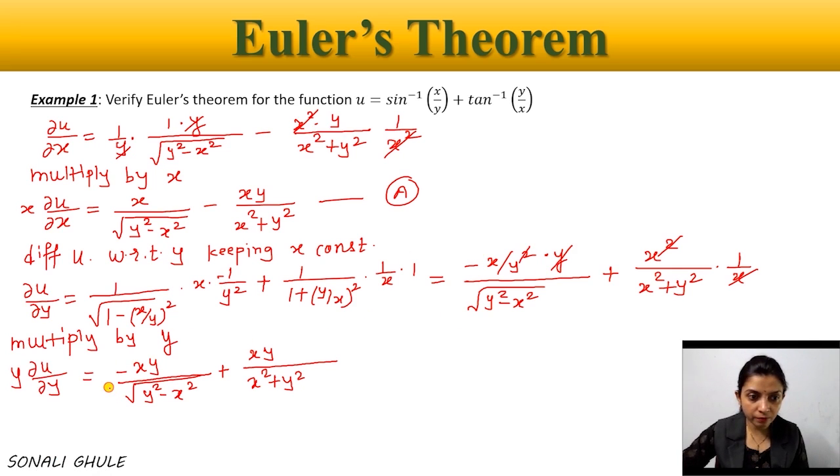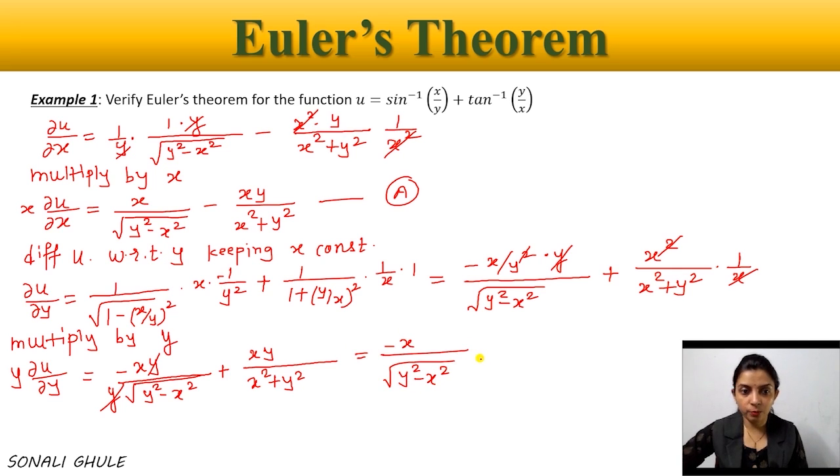So here you have a y already, and now this y and y will get cancelled. So this will give you minus x upon root y square minus x square plus x into y upon x square plus y square. Say this is equation B.